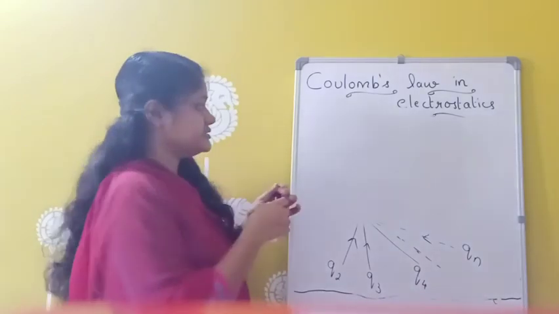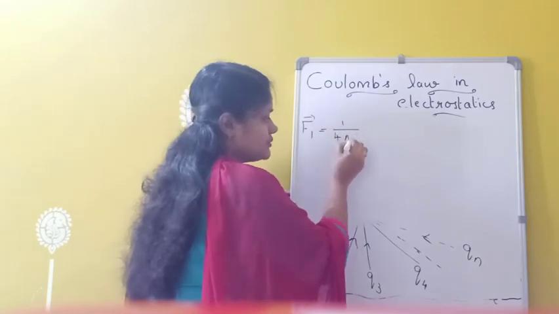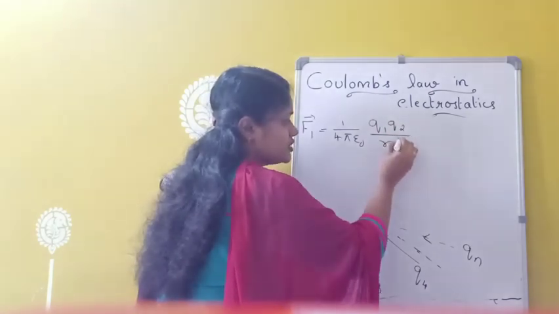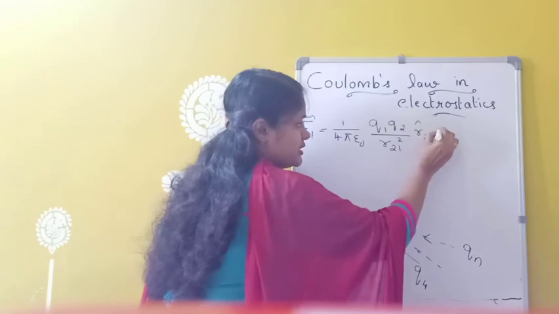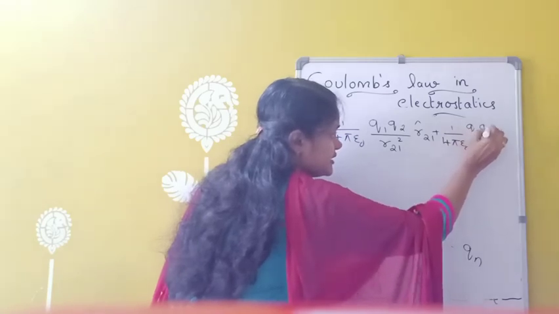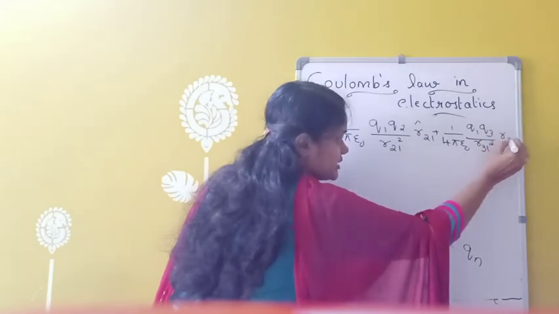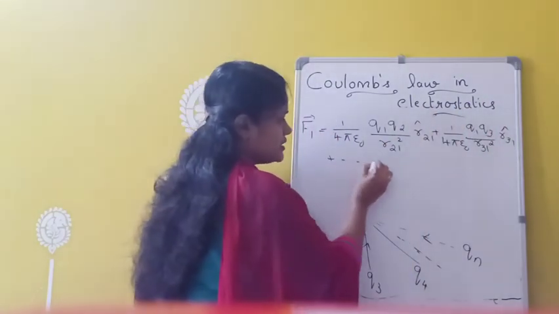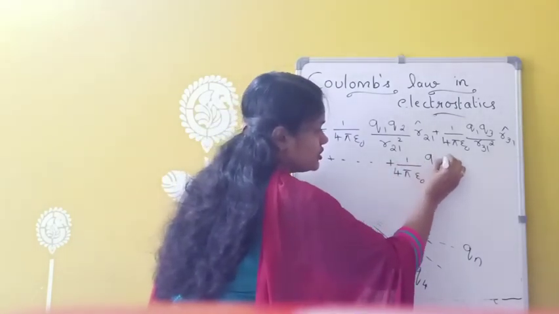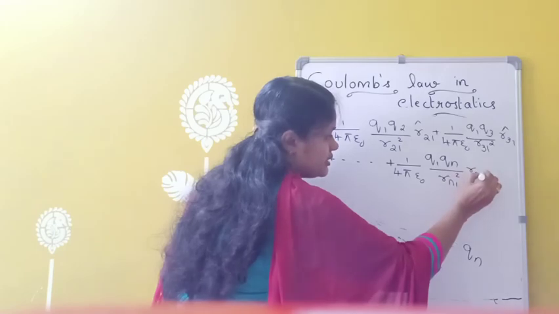So the total force acting on charge Q1 can be written as F1 equals 1 by 4 pi epsilon 0 Q1 Q2 divided by R21 square into unit vector R21 plus 1 by 4 pi epsilon 0 Q1 Q3 divided by R31 square into unit vector R31 plus etc., plus the last one, 1 by 4 pi epsilon 0 Q1 Qn divided by Rn1 square into unit vector Rn1.